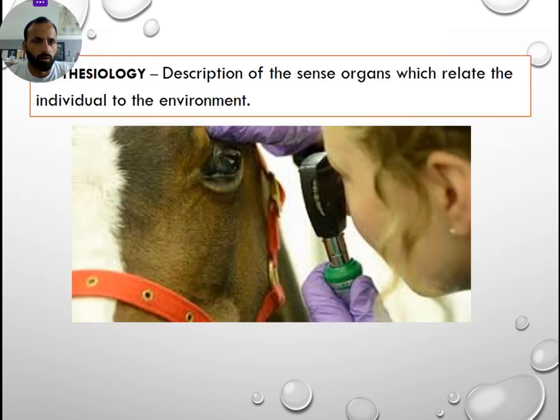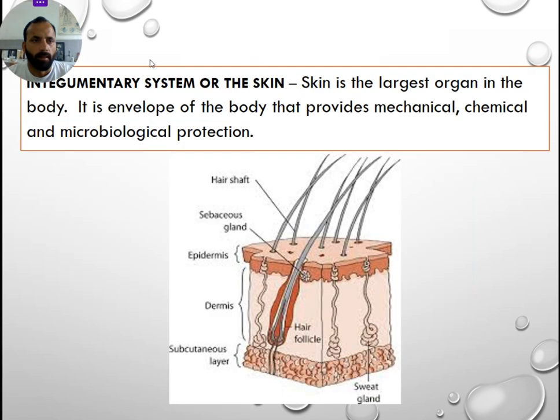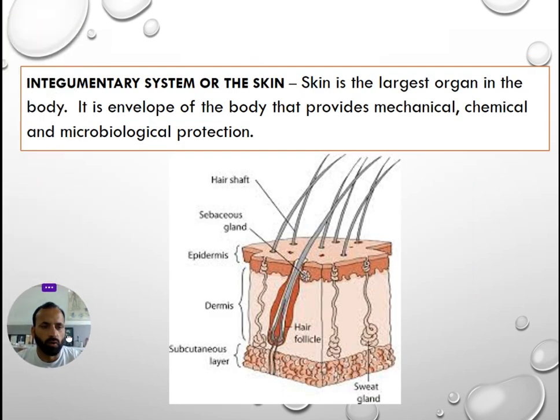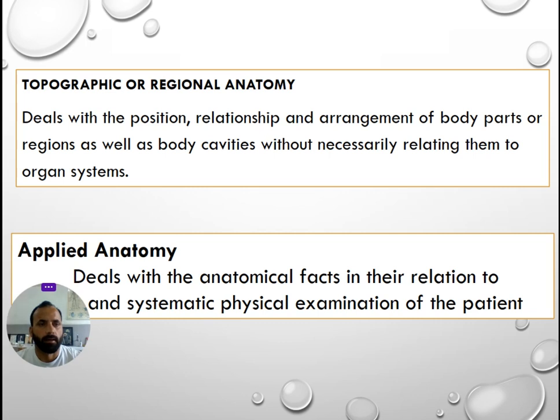Aesthesiology means the description of the sense organs. There are five sense organs in the body, and when you study their anatomy, this becomes aesthesiology. Then integumentary science, when you study the skin and other coverings of the body.